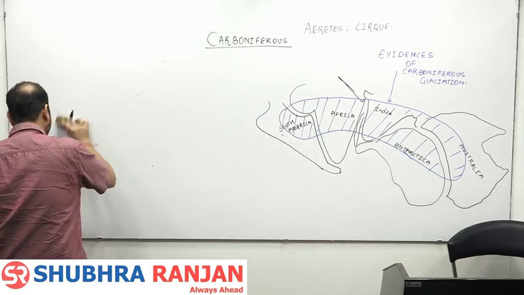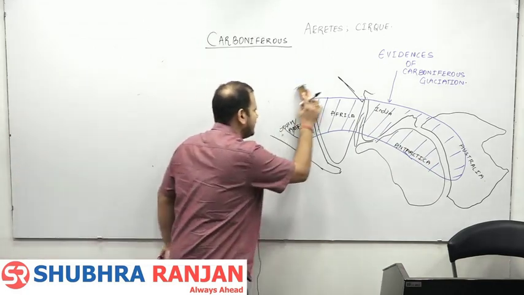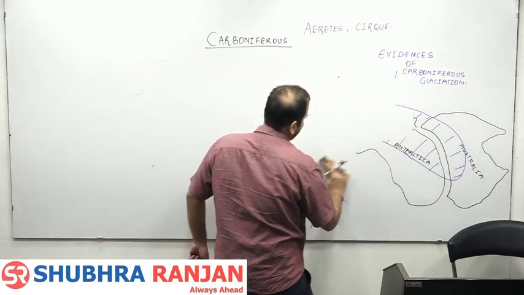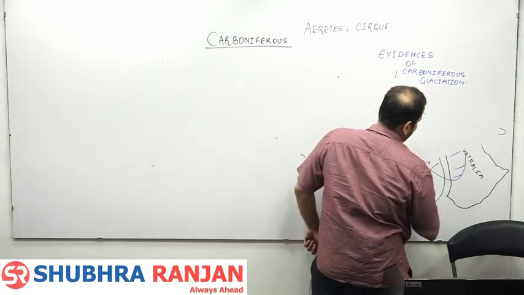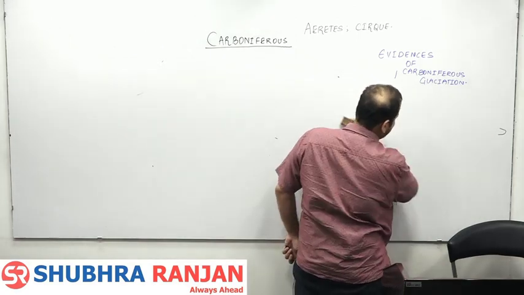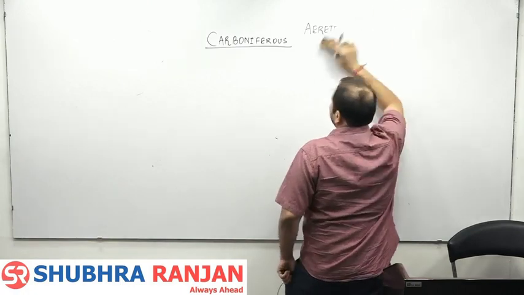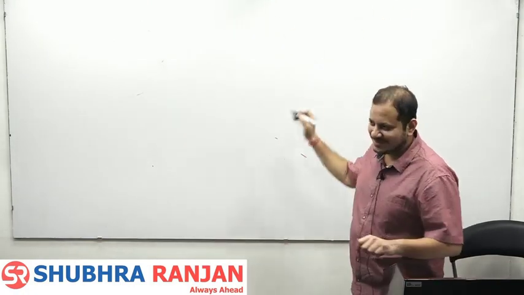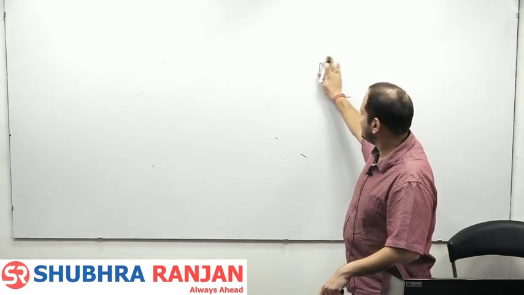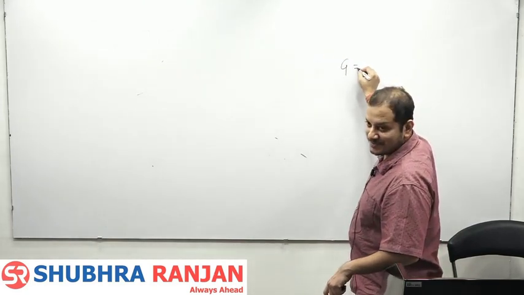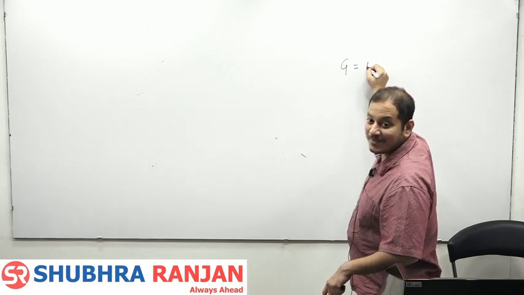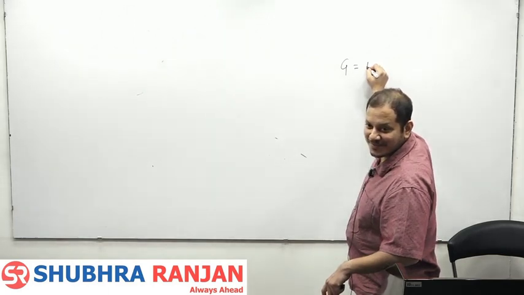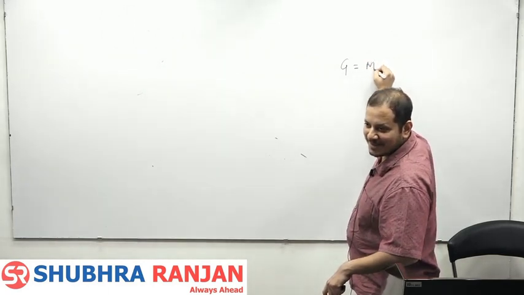Can someone tell me the formula of gravity? Formula of gravity. G is equal to m by r squared.